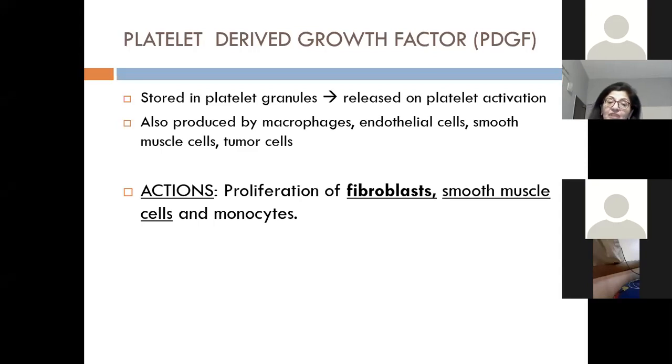The proliferation of fibroblasts is a major event in the healing process because they will lay down the collagen and form the scar. But in addition to proliferation of fibroblasts, they will also form the smooth muscle cells of the blood vessels and also proliferate monocytes or macrophages.